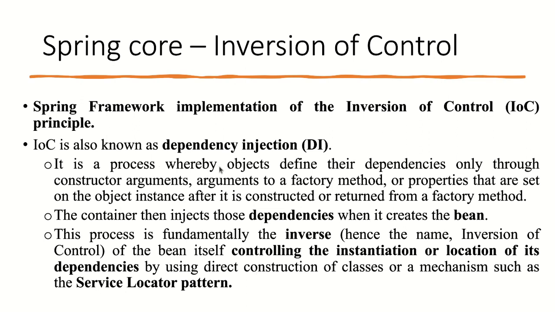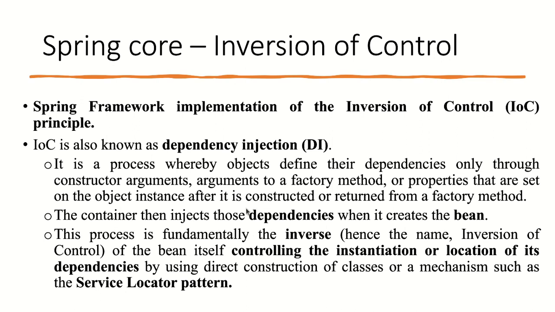It is a process whereby objects define their dependencies only through constructor arguments, arguments to a factory method, or properties that we set on the object instance after it is constructed or returned from a factory method. So this is what we are going to do, adding some kind of dependencies to that particular object. The container then injects those dependencies when it creates the bean.